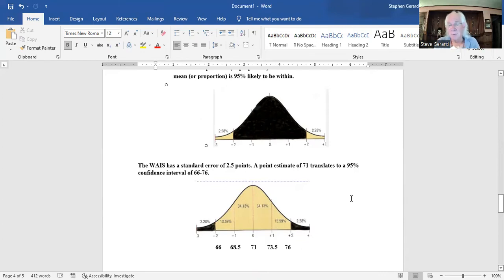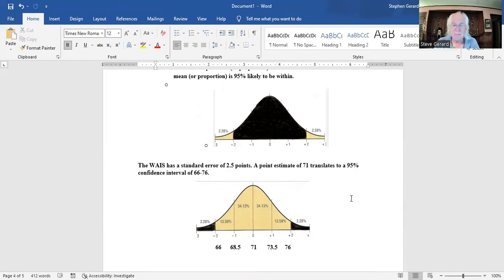Now, if I'm a lawyer and my client is the one who has an IQ of 71, I want to talk about this, because we don't know for sure what the true IQ is. Every IQ test has some natural variation. You take a test today, you take it again tomorrow, you're not going to get exactly the same score.